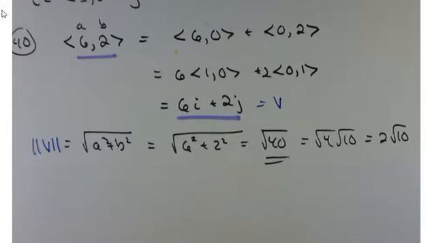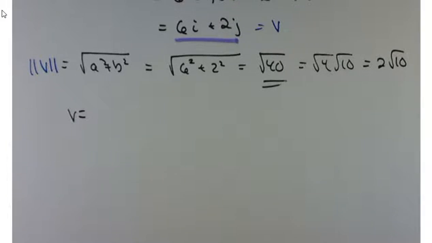Let's try problems number 44 and 46. They're going to kind of go together, and they're going to demonstrate something called the triangle inequality. In both of these, we'll use the following definitions. v is going to be 3i minus 5j.